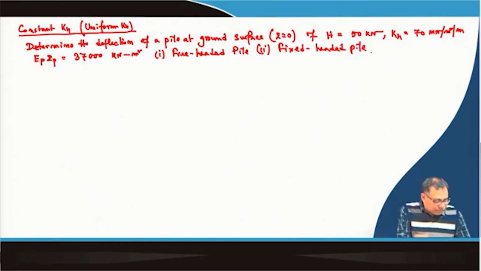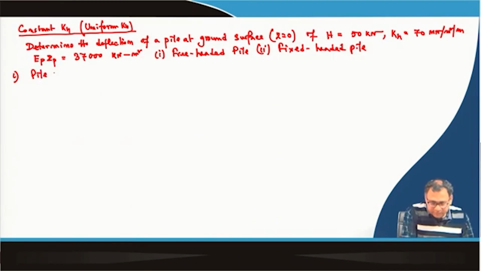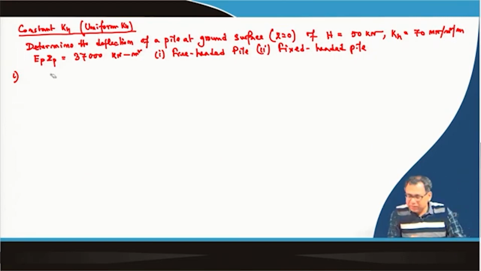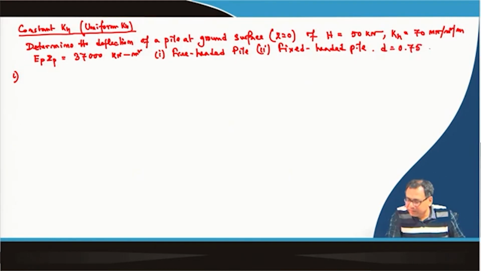So, first one we will consider that pile as... let me check what the L by D values are given. So, D value is given as 0.75 meter and L is given 75 meter, sorry, 7.5 meter.